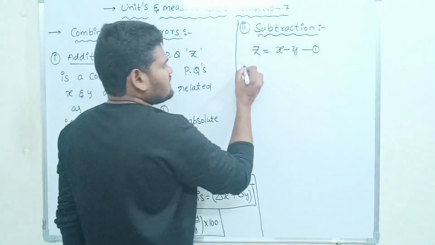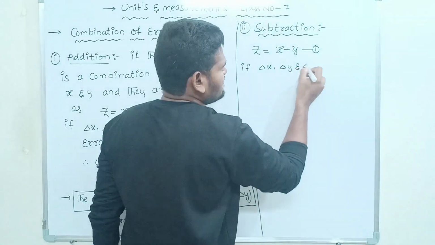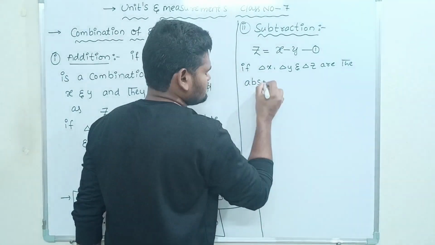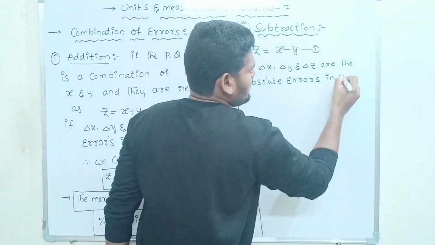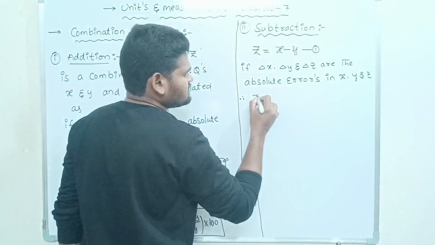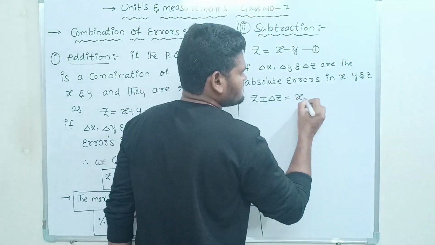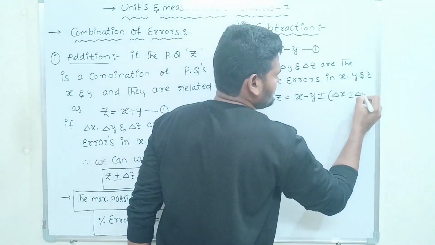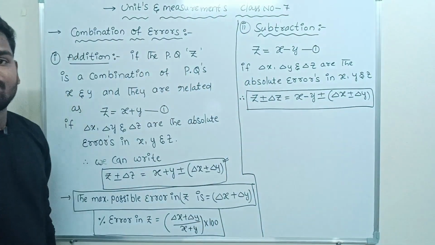Again, if delta X, delta Y and delta Z are the absolute errors in X, Y and Z, then we can write Z plus or minus delta Z is equal to X minus Y plus or minus delta X plus or minus delta Y. So this is the combination of errors in case of subtraction.